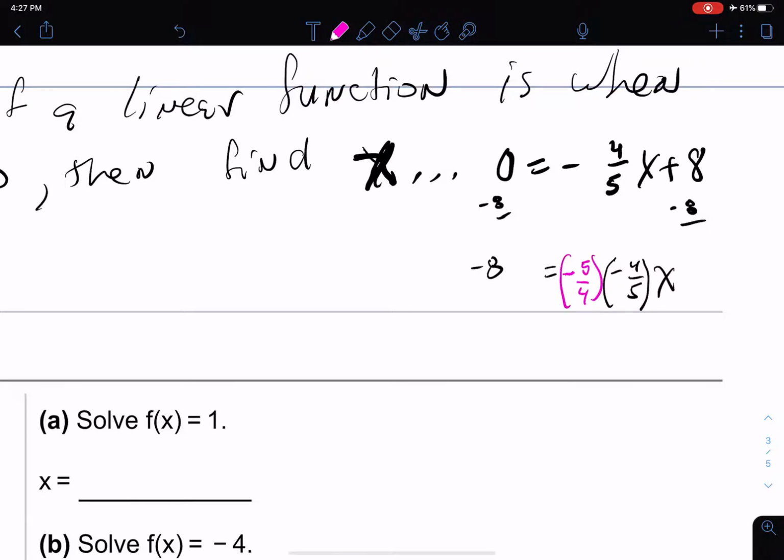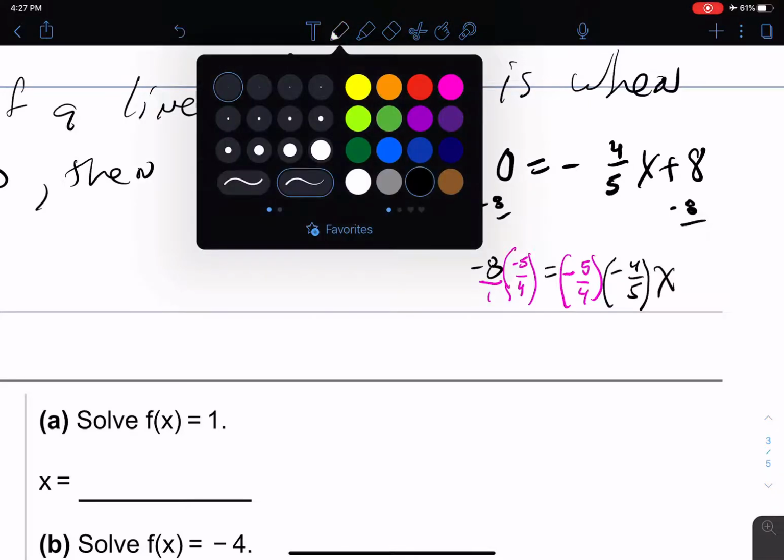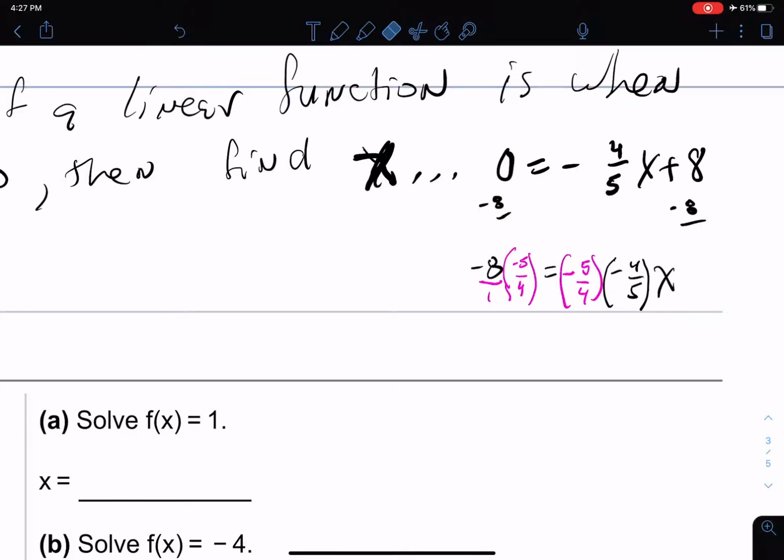So I multiply both sides by negative 5/4. Put the negative 8 over 1 so you know it's up top in the numerator. When these two are multiplied, they make a 1, so now we have 1x, just what we want.